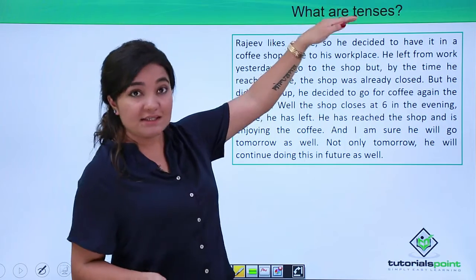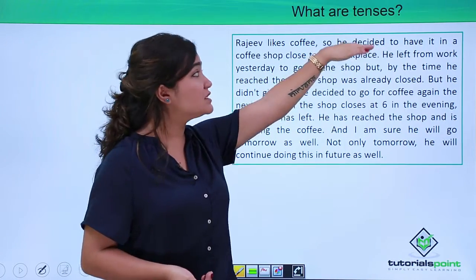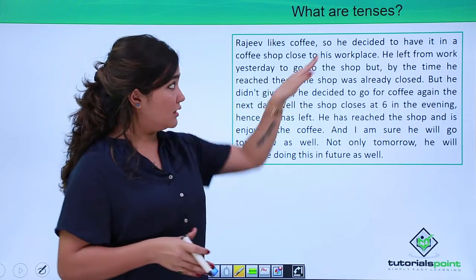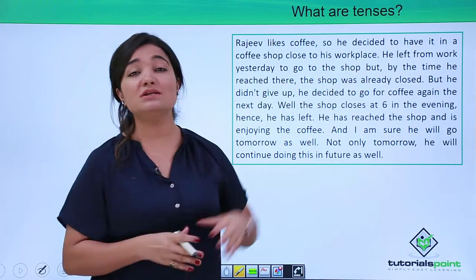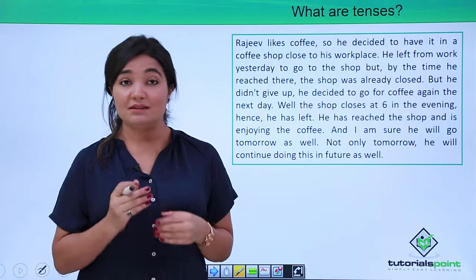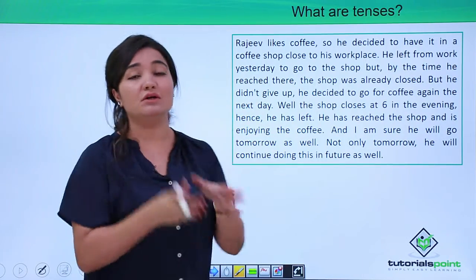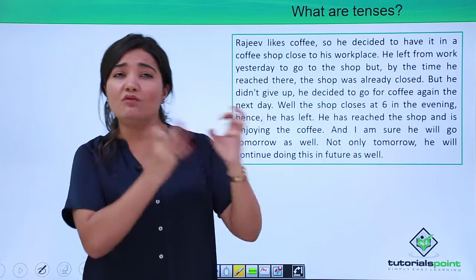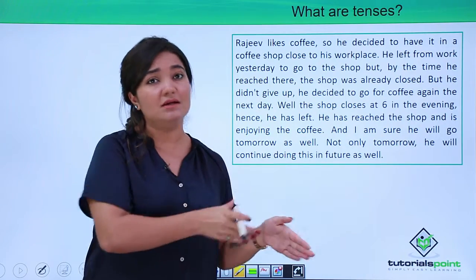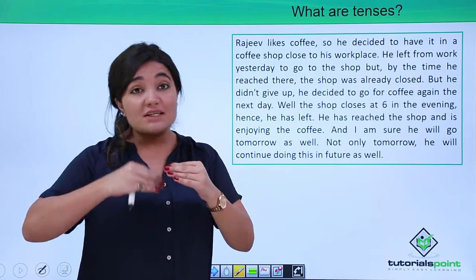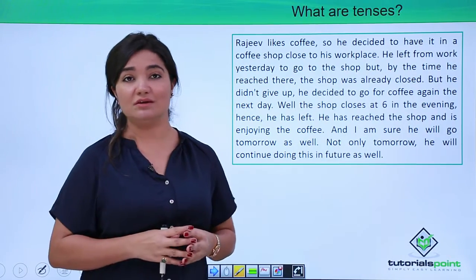So he decided. Here again, decide is the root verb, right? So when we read the word decided, what does it indicate? It indicates that this is a decision which this guy took maybe somewhere in the past, because it's decided. So once you convert it, here again that time clause comes into the picture, right?